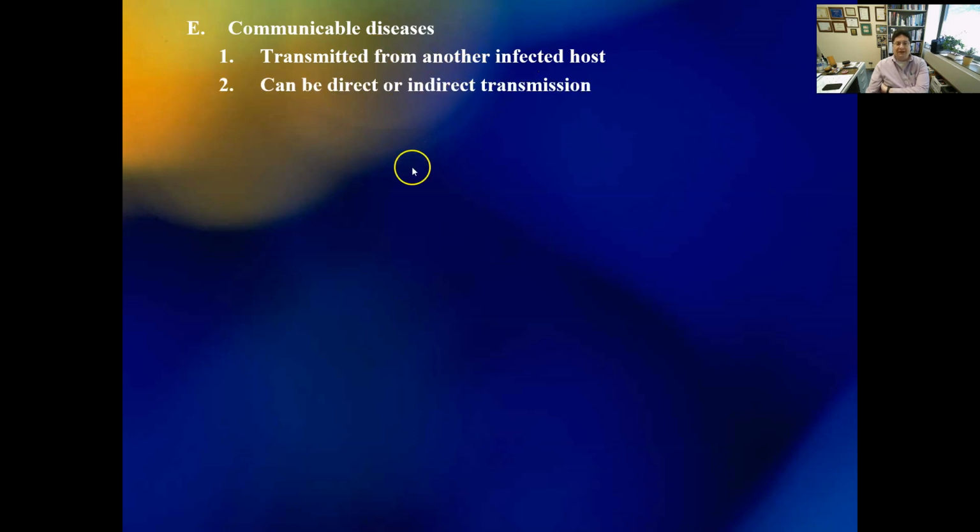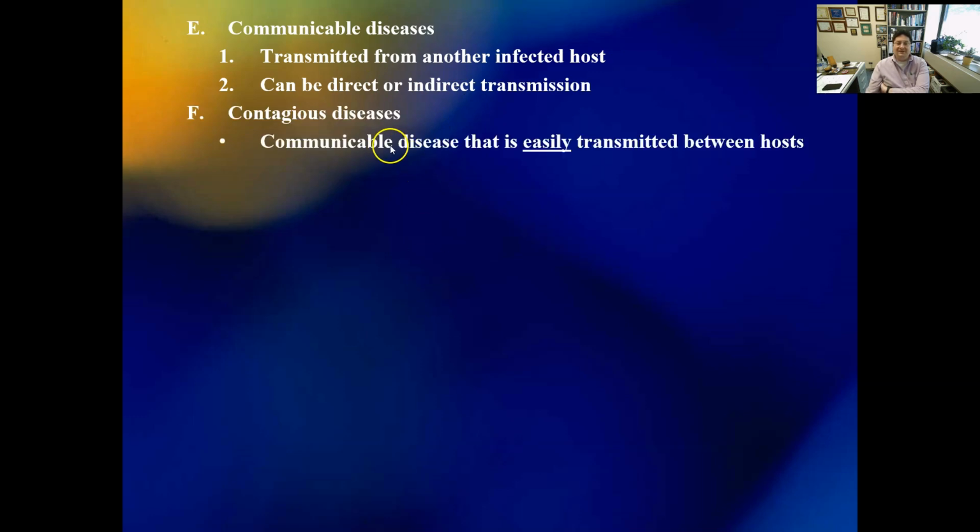So we have communicable disease. Communicable diseases are those that can be transmitted from host to host. So it can be transmitted from another infected individual, directly or indirectly. Contagious is something that's highly communicable, a disease that's easily transmitted. It's highly communicable from host to host.